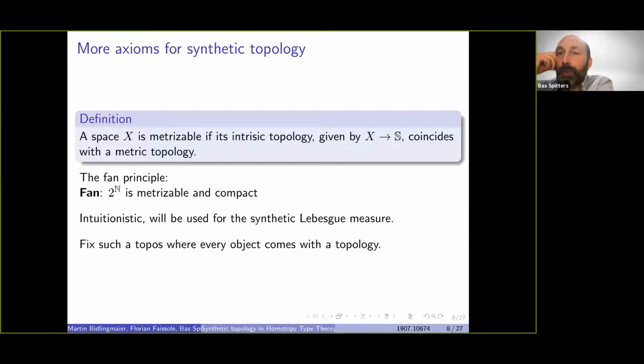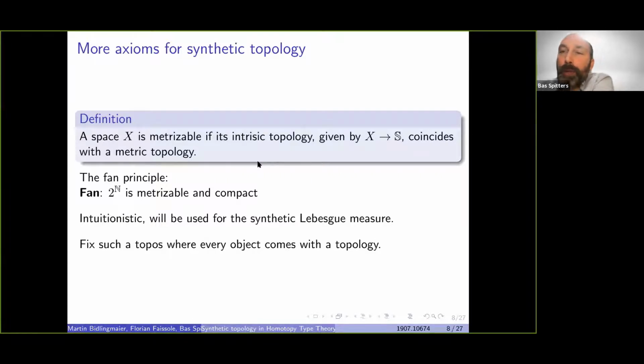This goes back to Brouwer, but it has also been studied in a type-theoretic or domain-theoretic context, and this is important in computability. So what we'll need later on is that the Cantor space is actually metrizable and compact. And this is something that will actually hold in our models for computability and in our computable semantics. So this will be used to construct the Lebesgue measure.